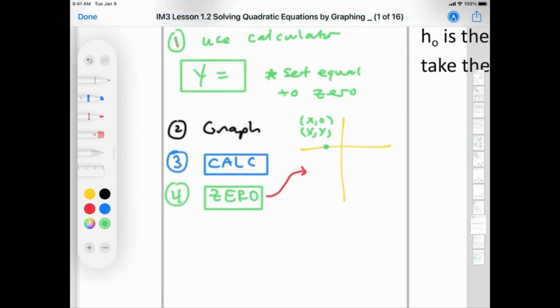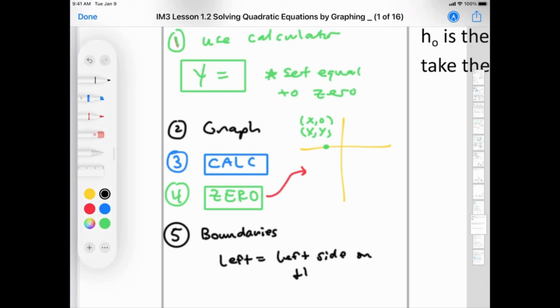Okay. Fourth, you're going to do these boundaries. So when it says left boundary, that just means on the left side on the x-axis.